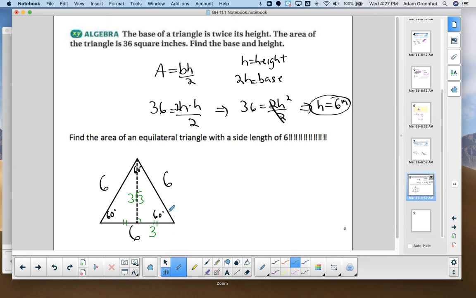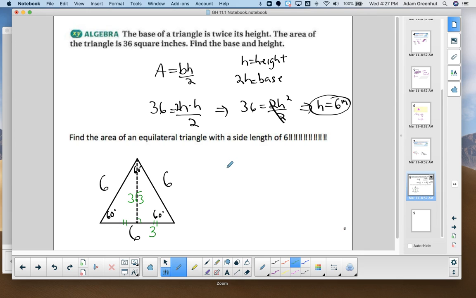And hopefully by now, anytime you're seeing those special right triangles, you're defaulting to using those special right triangle rules before you start doing anything that's going to result in non-exact answers. As soon as I saw that 60 and that right angle, I knew I was going to use that special right triangle rule, and I hope you're doing the same thing.